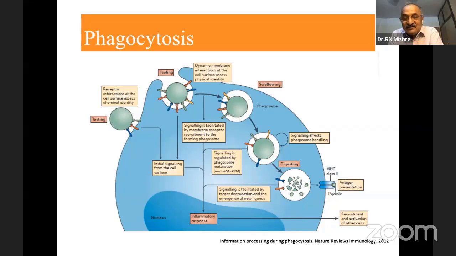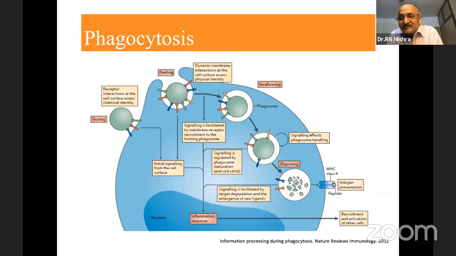These front runner cells don't know anything. They will just take it up like what an amoeba does. You will all remember your biology classes in school or intermediate: an amoeba just engulfs anything that is floating around it, so that is the food for the amoeba.